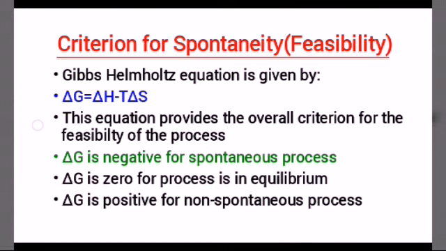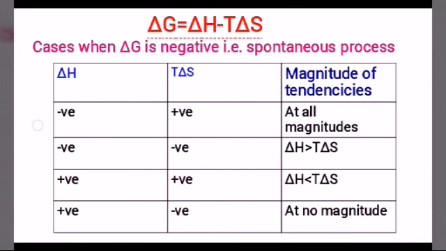So there may be different cases when delta G is positive or delta G is negative. So here I am listing out the different cases when delta G is negative.